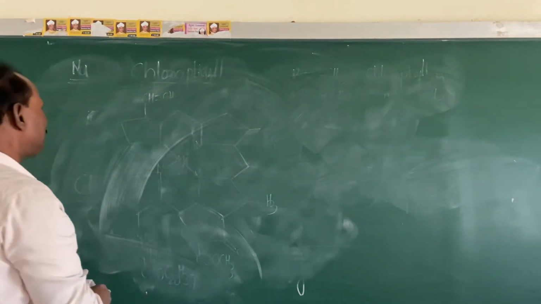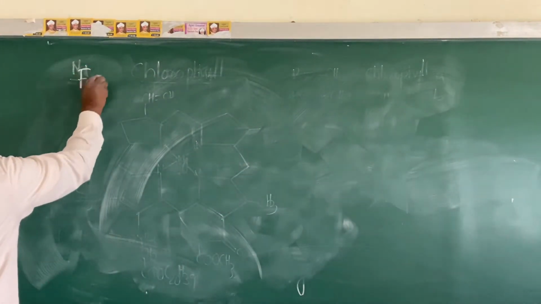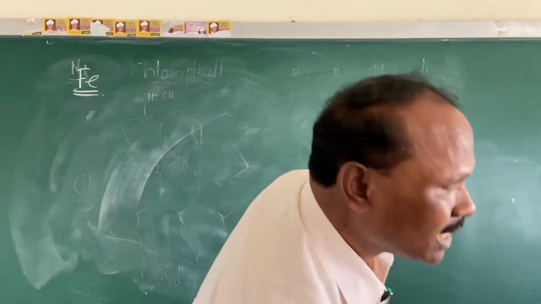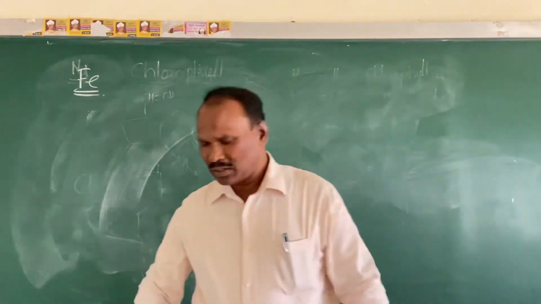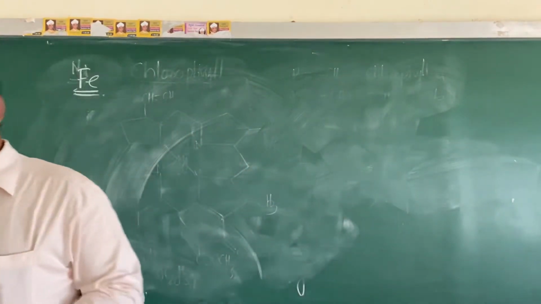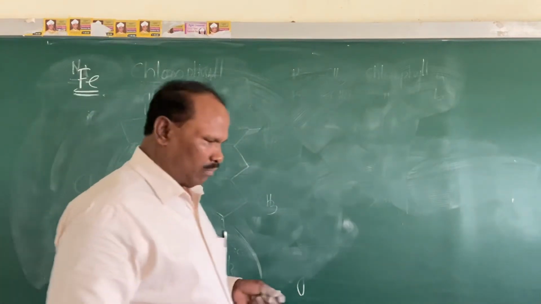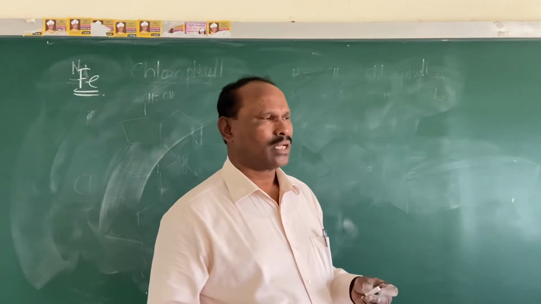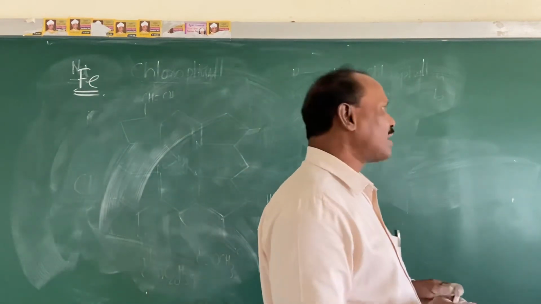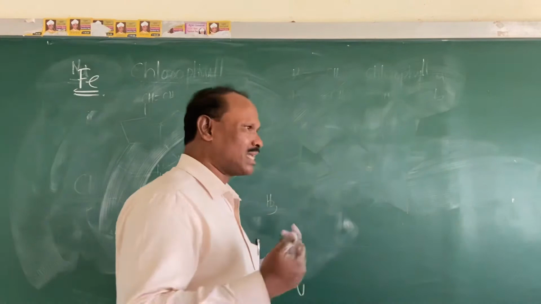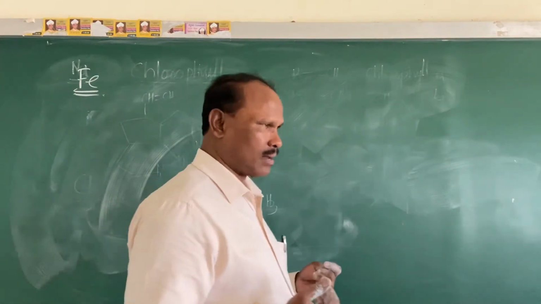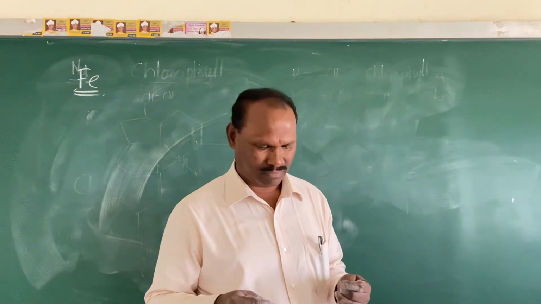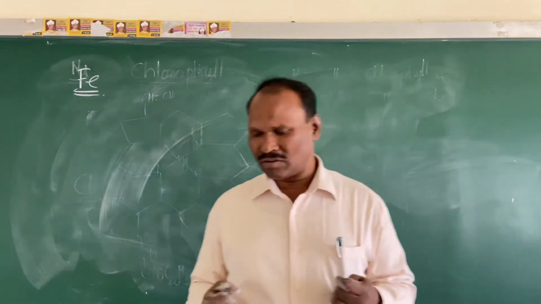Then the role of iron in the biological system. We have already studied that iron is present in hemoglobin. For red blood corpuscles, iron is a must. It is said that about 5 grams of iron must be there in our body, and daily 10 milligrams of iron has to be taken into our body.